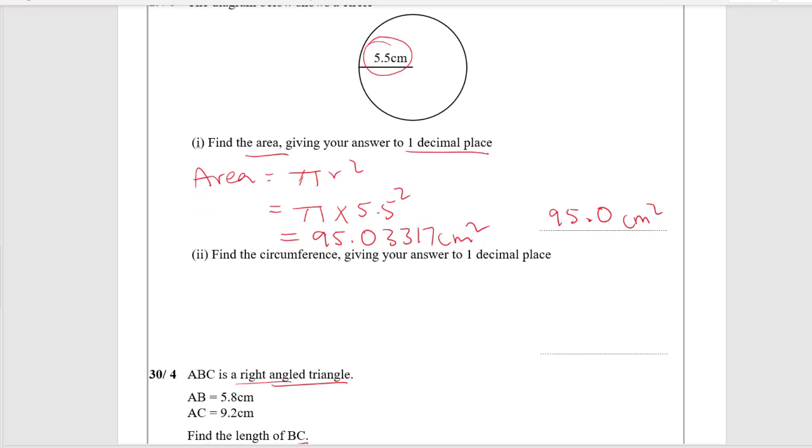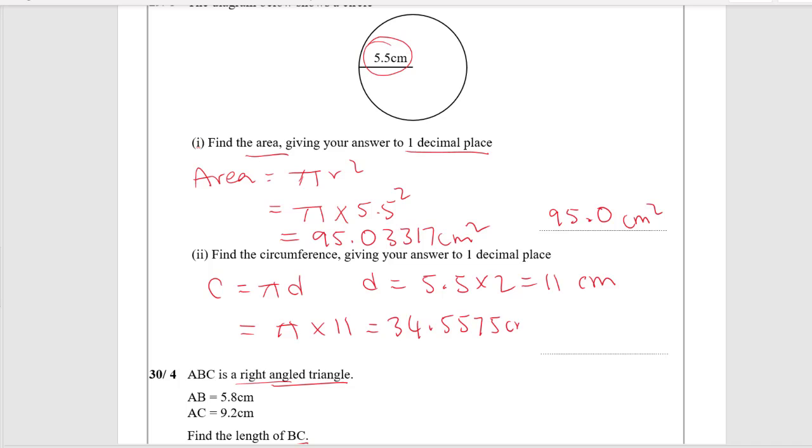Find the circumference, giving your answer to 1 decimal place. To find the circumference, we need to use the formula pi times the diameter. The diameter is double the radius. So if you've got 5.5 as your radius, just double it. That gives us 11 centimeters. So pi times diameter, which is 11, and that gives us an answer of 34.5575575 centimeters.